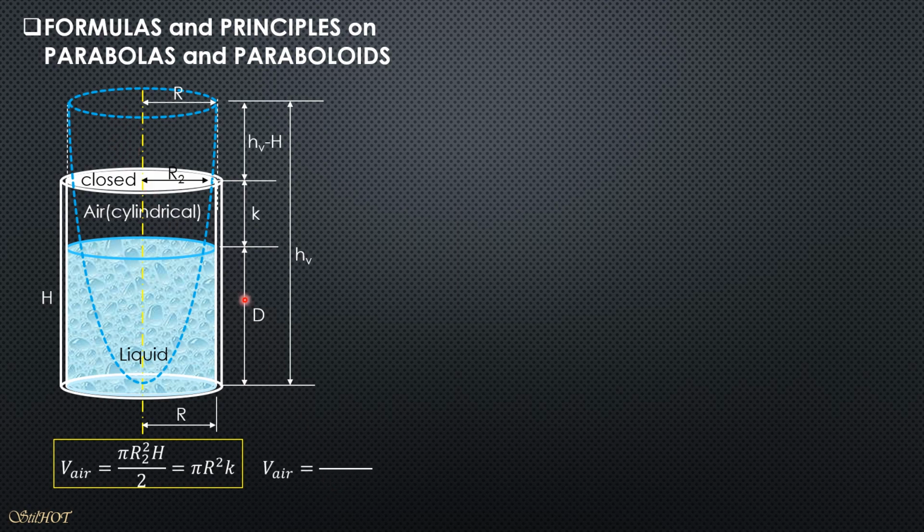So volume of air is also pi over 2 r square times hv minus this volume of imaginary parabolic segment with two bases, pi over 2 times quantity r square plus r2 square times height h sub v minus h, because this is h sub v and the overall height is big H, so this is h sub v minus h. Notice that if you're going to simplify this equation, it will go back to pi r2 square times big H over 2. So that's it.